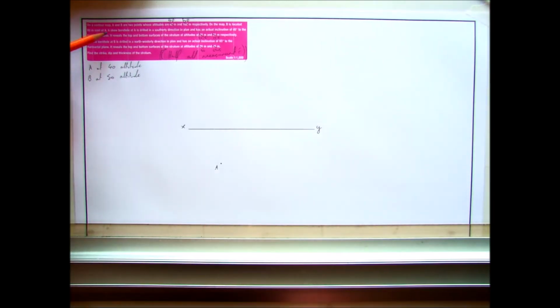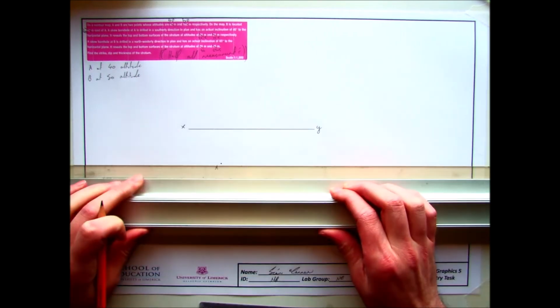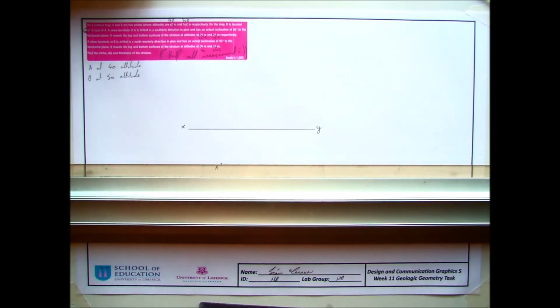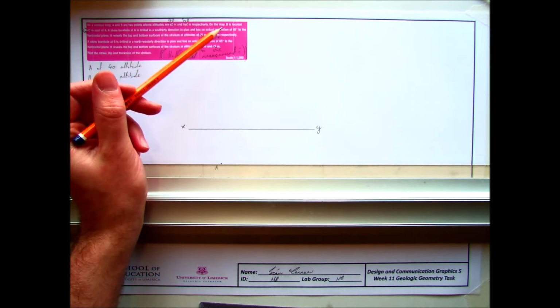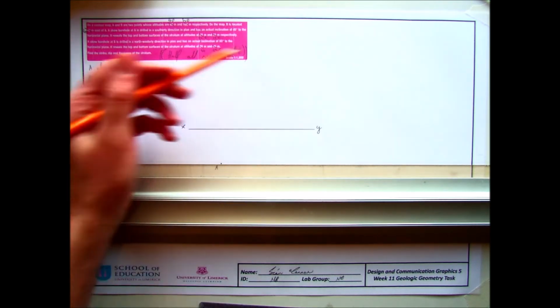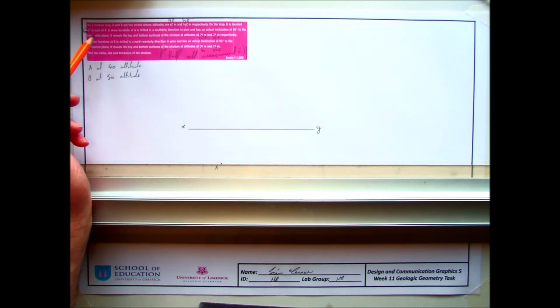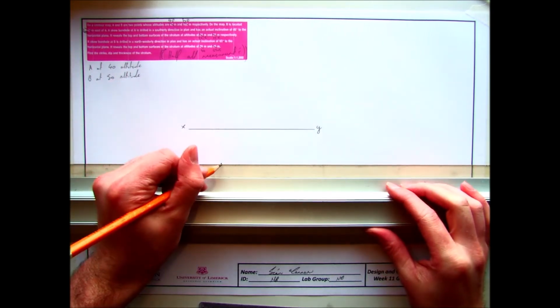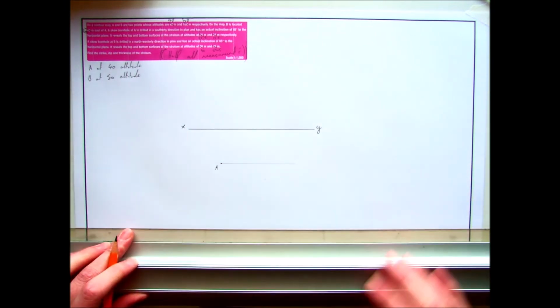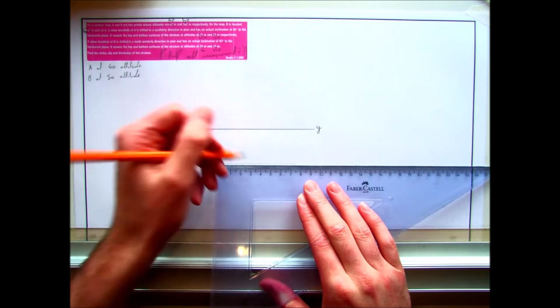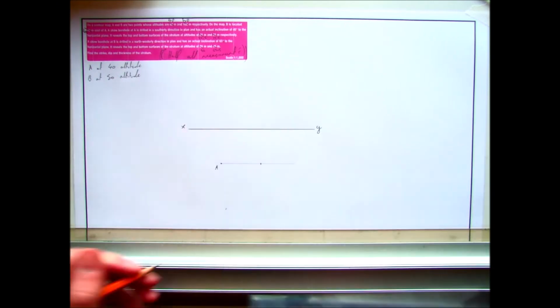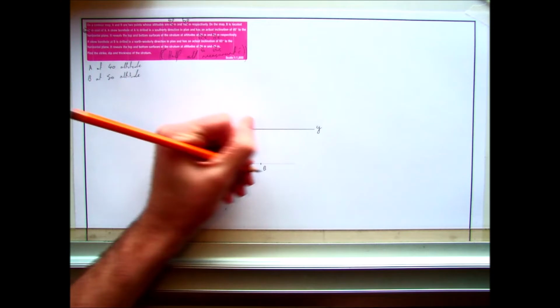So if I go back to where it says it's located 80 metres east, I'm just going to change that to 40, halved. The reason I know it's in plan is that the question says on the map, and the map is always looking down in plan view. B is located 40 metres east of A, so in the plan it's going to be 40 across. I come over here, my 40 millimetres, and I'm going to call that B.